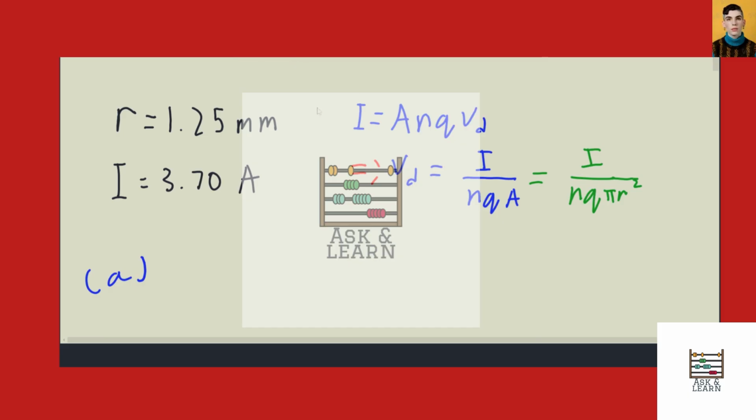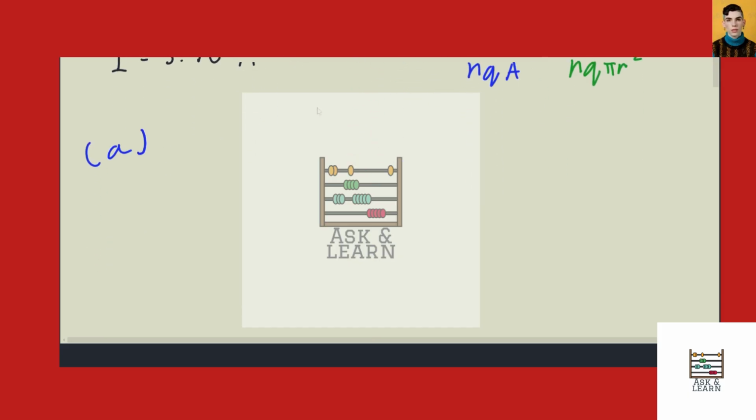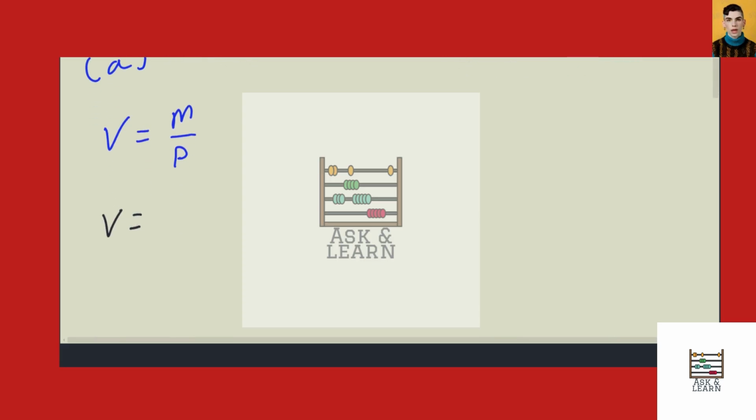So next, we can write the volume of 1 mole of copper as the mass of 1 mole of copper divided by the density of copper.